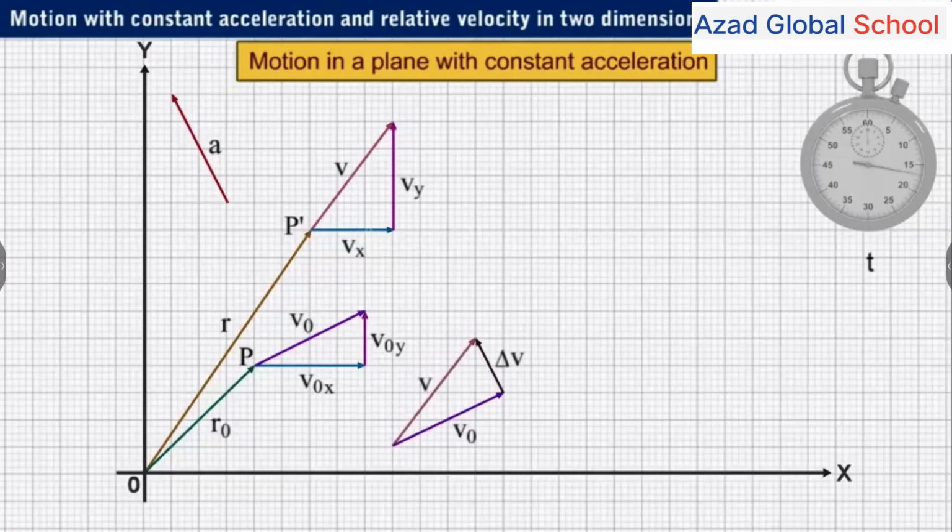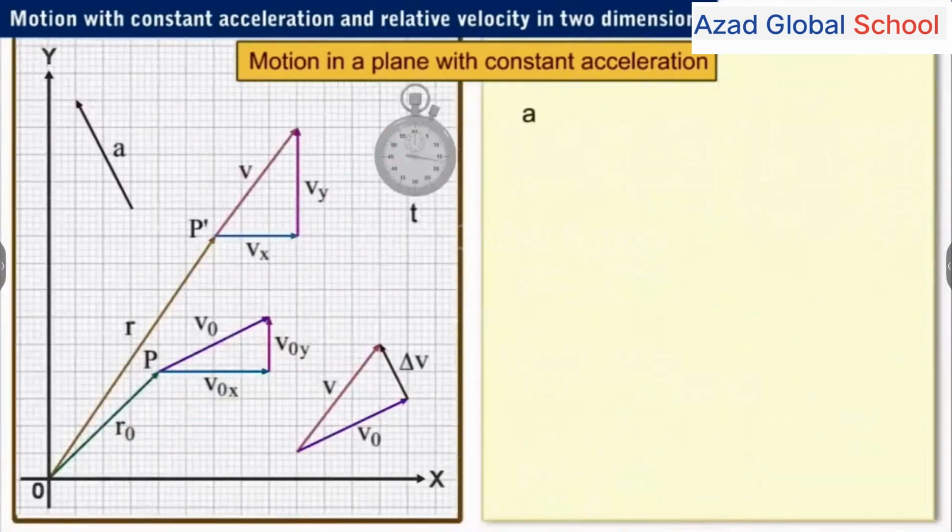Constant acceleration a is equal to change in velocity by time. Thus a can be written as v minus v0 divided by t minus 0, which is equal to v minus v0 divided by t.